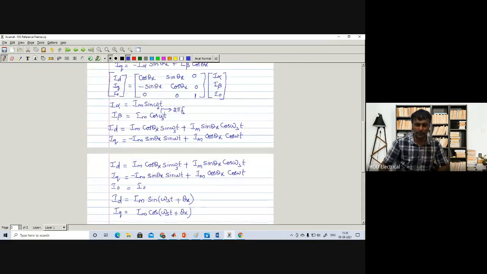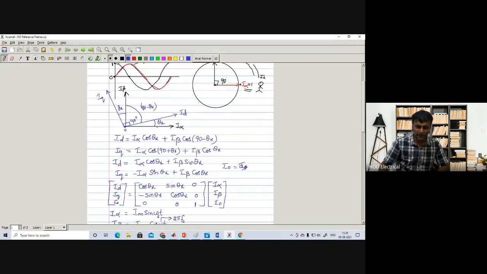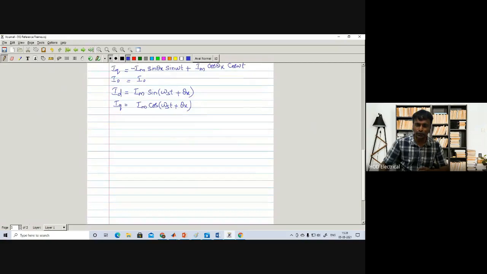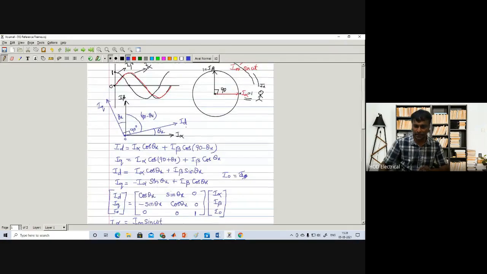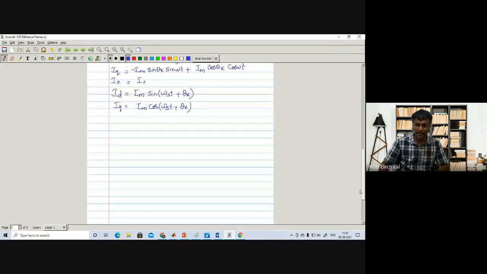Already we know this is theta x, right? ID is leading I alpha at an angle of theta x. Similarly, IQ is leading I beta at an angle of theta x. Now I am going to make these two in the same speed. Theta x is leading now, so I am going to make it lagging.